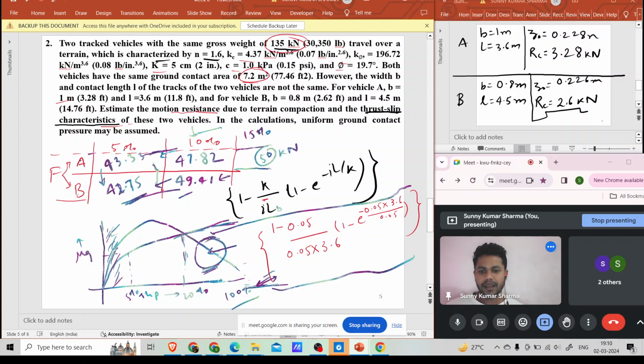So as we go from 5% to 10%, we are increasing our thrust. As you increase up to 20%, after 20% only, it will start becoming constant. Suppose here you are getting 50 kilonewton, here it will be 52. Suppose at 20% you are getting 53, it will become constant. That is the basics we discussed last class.